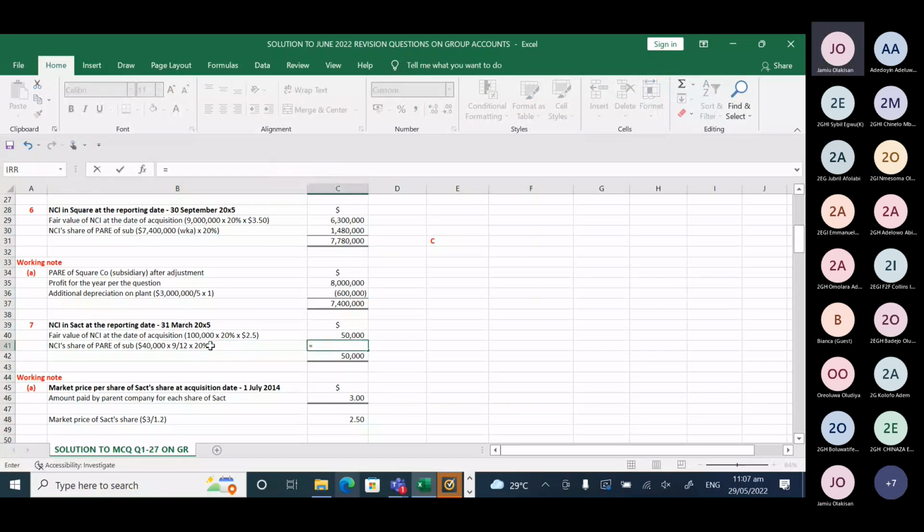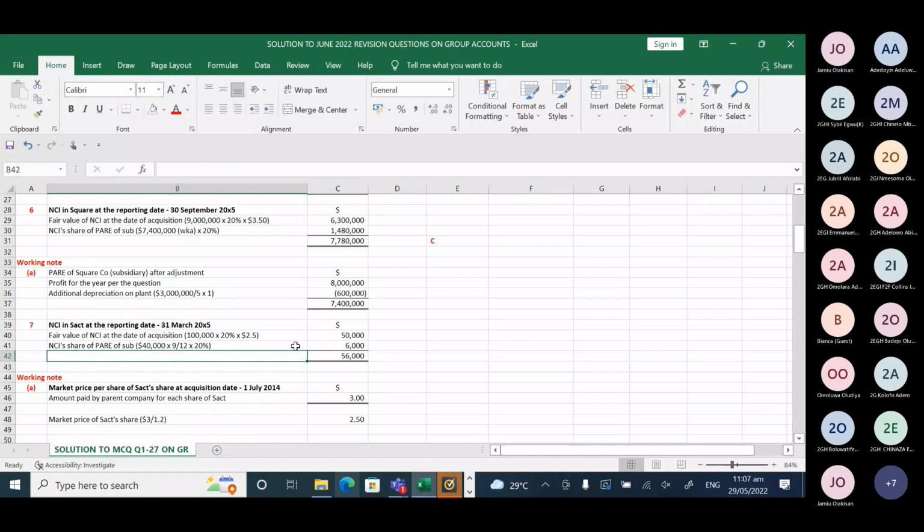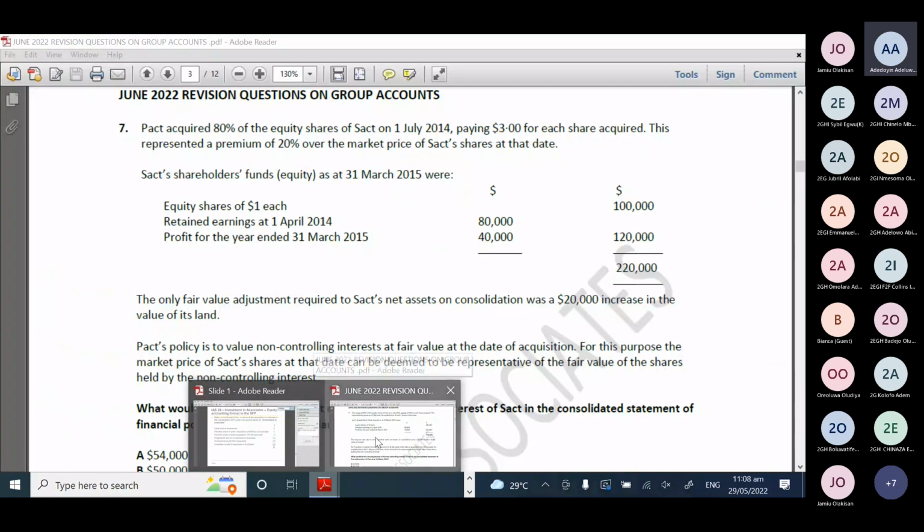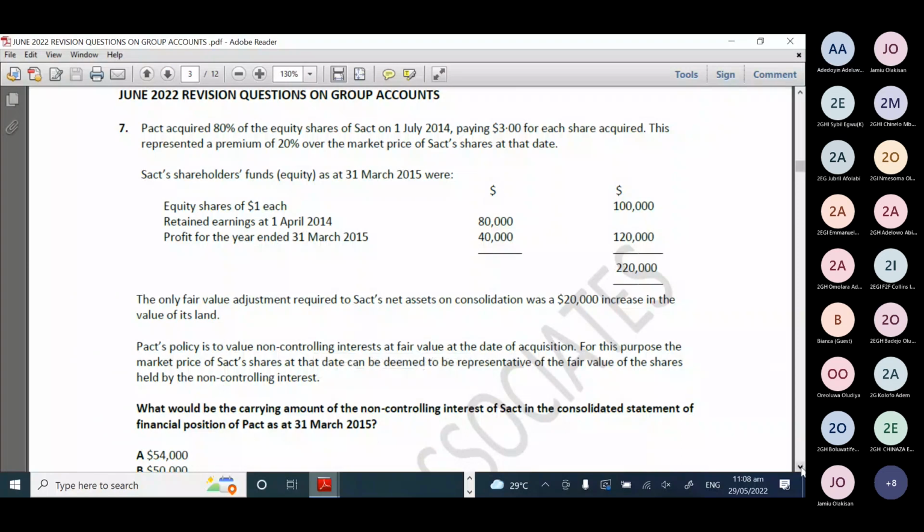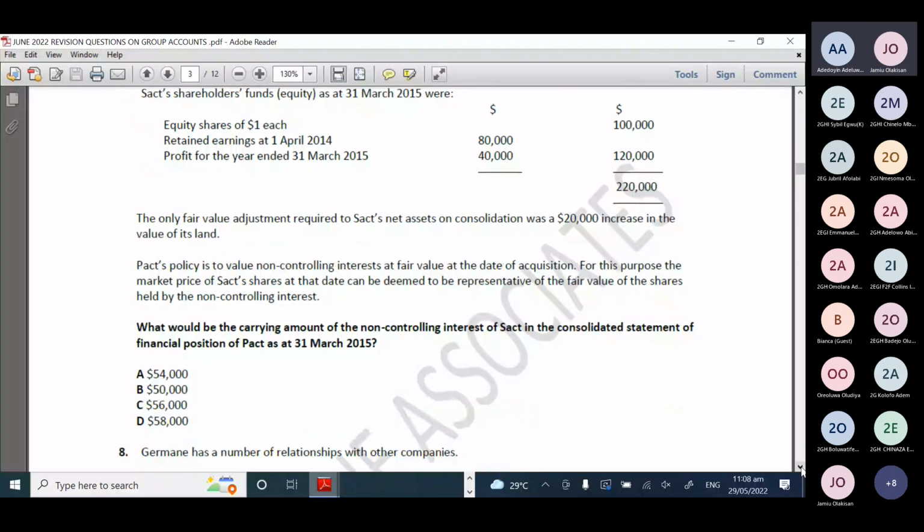Equal 40 times 9 divided by 12, and times 20%. That is 6. So that is 56. Do we have 56 in our option? C. Let's just do CCC for everything. Everything is looking like CCC.